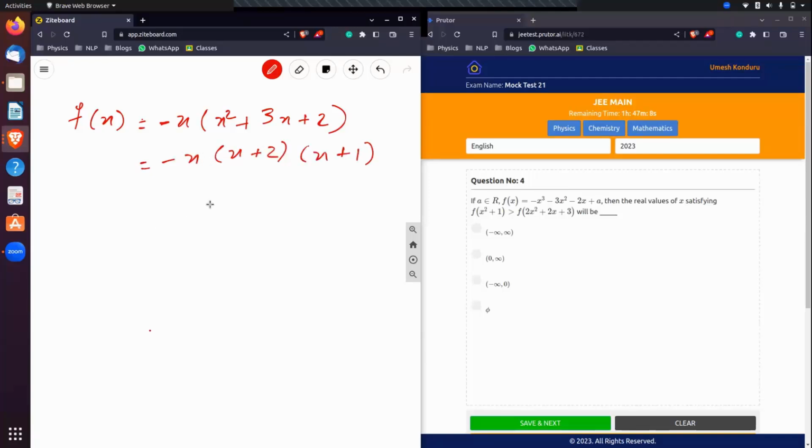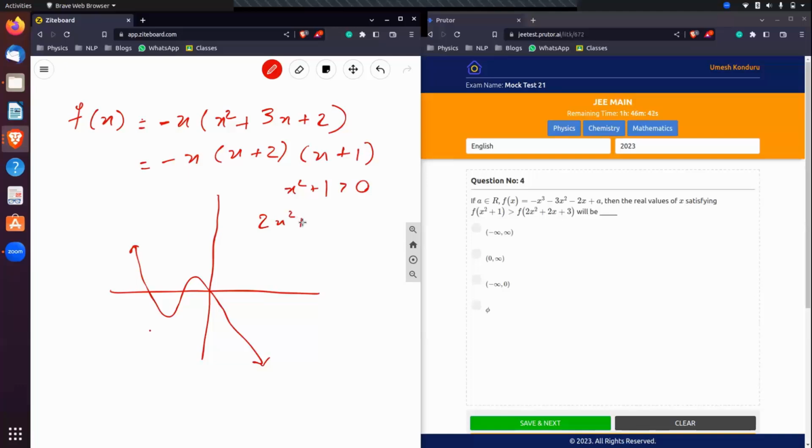So now if you plot the graph of the function, it's going to appear something like this. Passes through -2, goes to -1, goes all the way down. And what I also want you to notice is that x square plus 1 is obviously greater than 0. And also 2x square plus 2x plus 3 is greater than 0, because if you look at the discriminant of this quadratic, it will turn out to be less than 0.